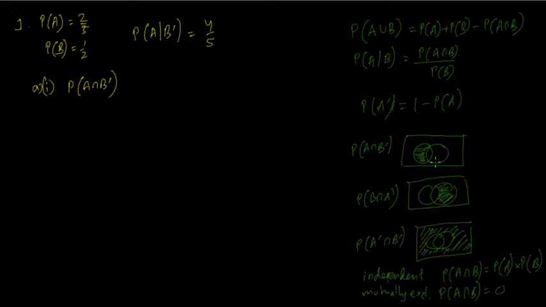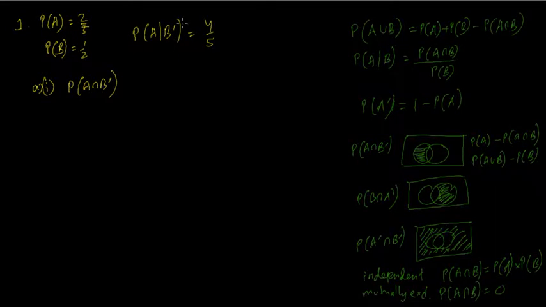For finding A intersection B prime, we can take the probability of A and subtract A intersection B, or we can take the probability of A union B and subtract the probability of B. That will give us probability of A intersection B prime. That is the first instinct, to look at the Venn diagram. But here we do not have A intersection B or probability of A union B, so the next thing we have to do is go to the formula.